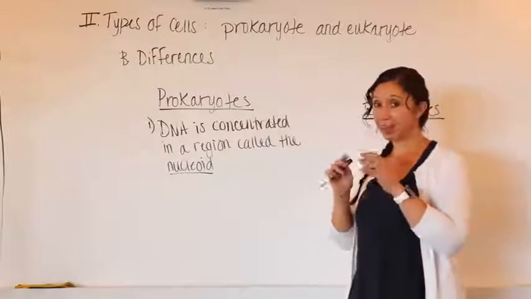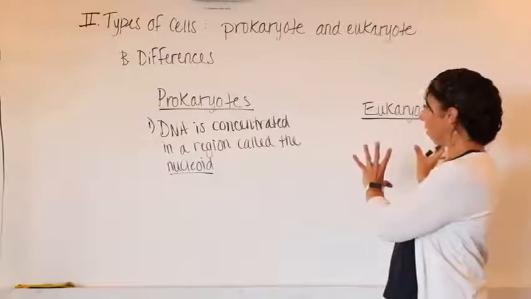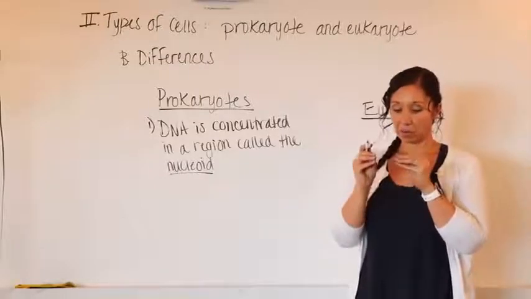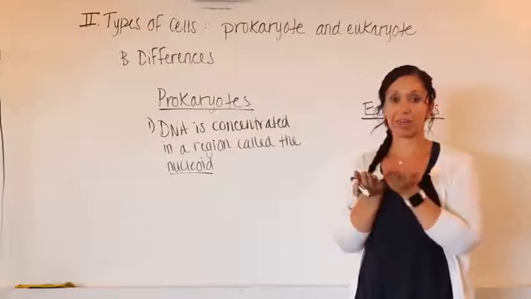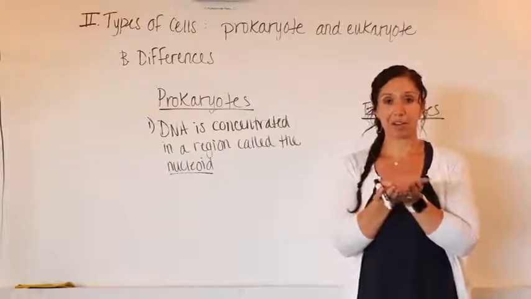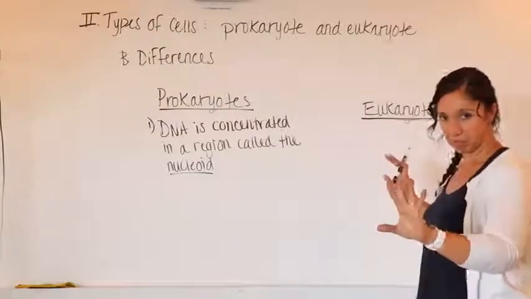Okay? So within the cell, you have these organelles, and in eukaryotes, all these organelles are surrounded by a membrane. And you guessed it, that membrane is also a phospholipid bilayer. It's a little bit different with this one that we're about to talk about, but stick with me.